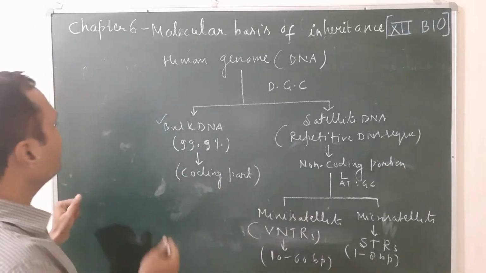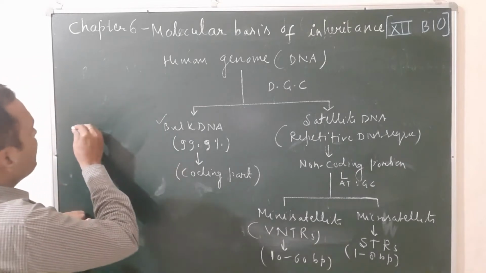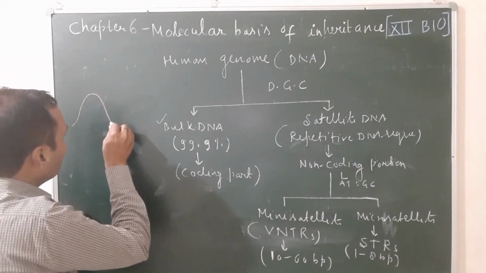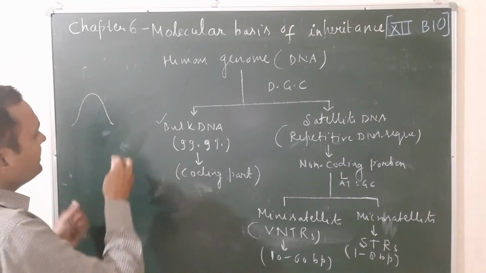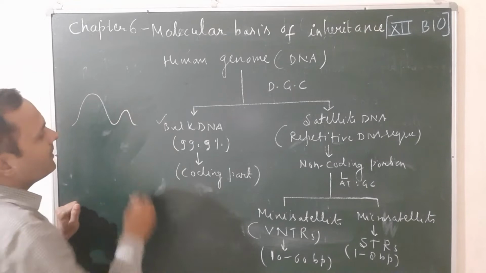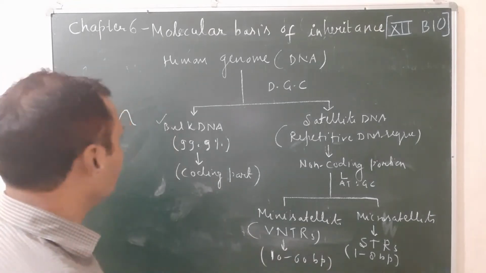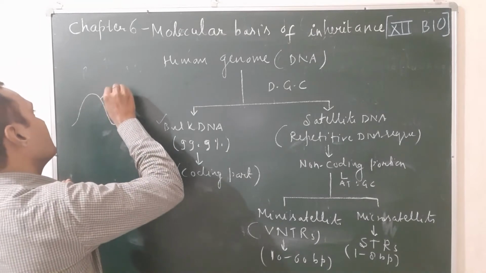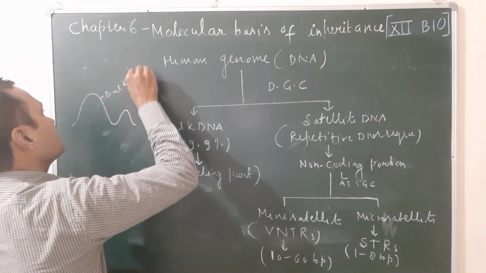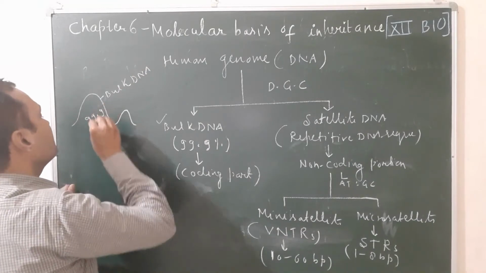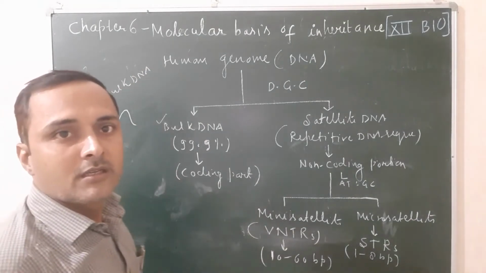It was seen that the bulk DNA gives rise to the high peak, and the satellite DNA gives rise to the lower peak after density gradient centrifugation. The high peak represents the bulk DNA part, which is about 99.9%, common in all individuals.